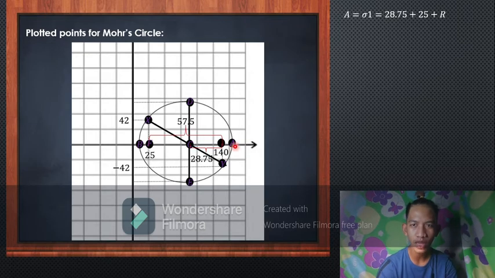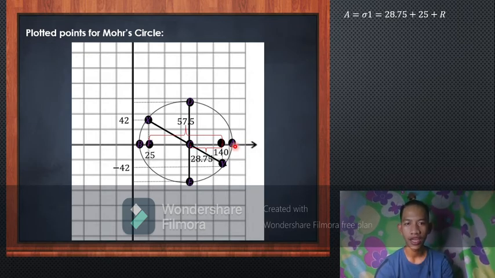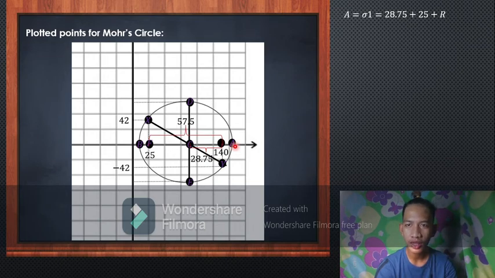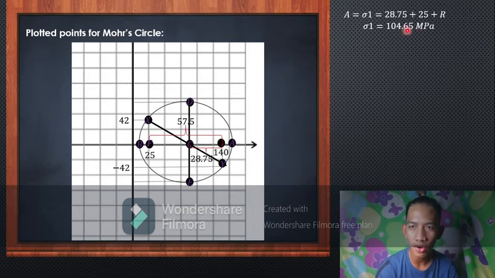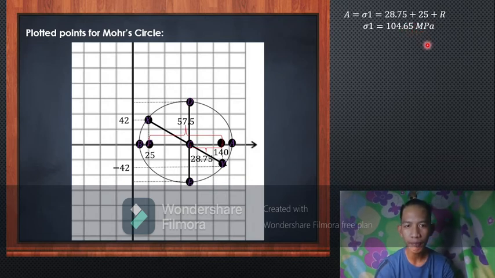A is also equal to sigma 1. To get our sigma 1, we need to add this from C, which is 28.75, then add this F, which is 25, and our radius. So sigma 1 is equal to 104.65 MPa.